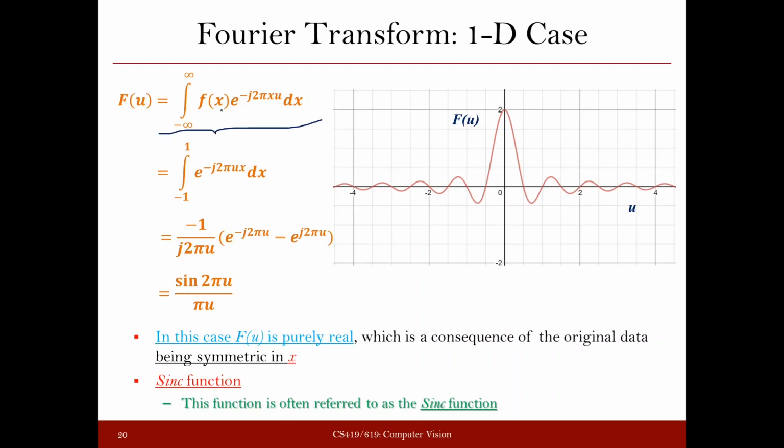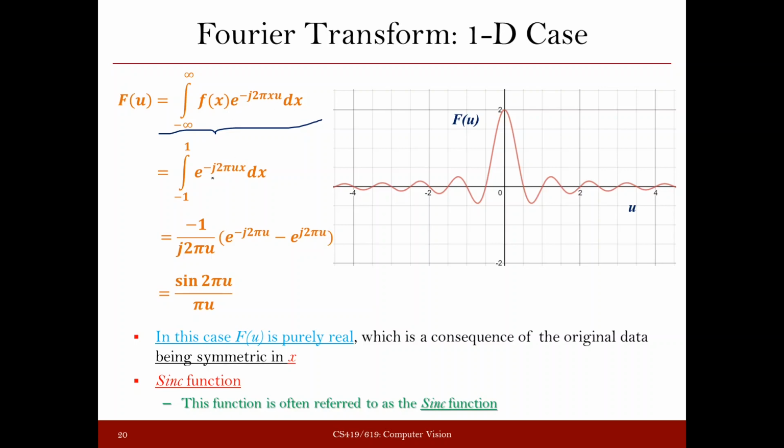In this formula, you can break the integral into 3 parts: minus infinity to minus 1, then minus 1 to 1, and then 1 to infinity. From minus infinity to minus 1, f(x) is 0, so the term will vanish. Similarly, from 1 to infinity, f(x) is 0, so again you will not get anything.